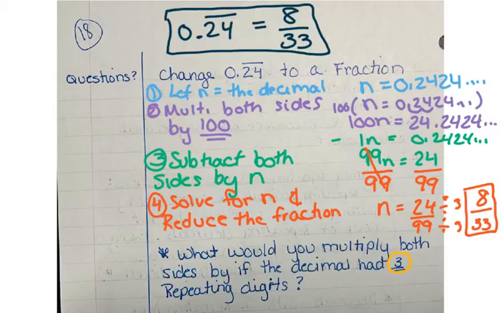Maybe take a minute, pause the video, and write your answer. Hopefully, you said that the answer would be 1,000. So you need to multiply by a number with the same amount of zeros as you have repeating digits. The previous one was 2 repeating digits, so I multiplied by 100, where I had 2 zeros.